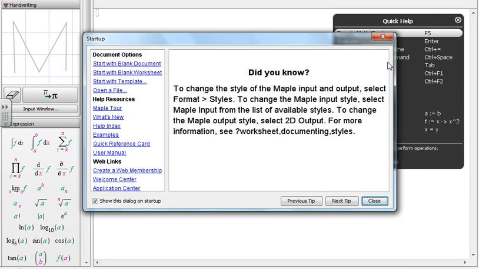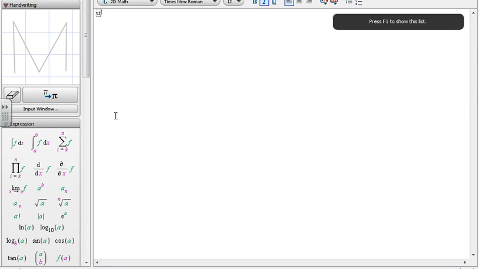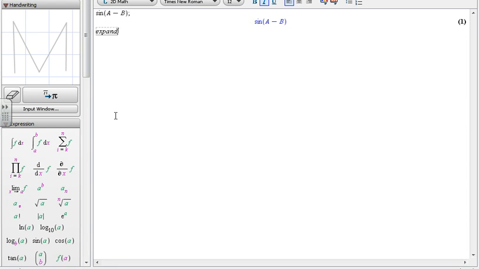So I'm going to have the sine of A minus B. Thank you very much. Expand. Don't you just love Maple?